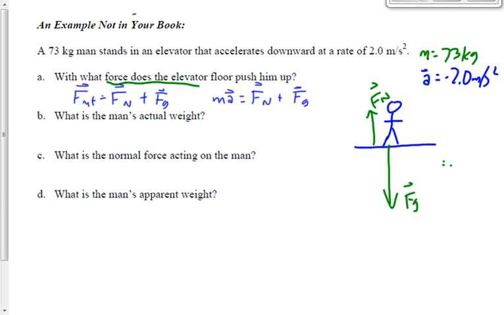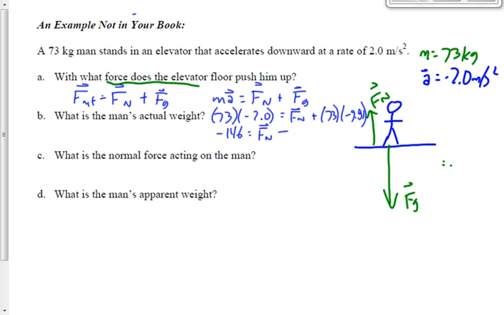Now the mass here is 73 kilograms. The acceleration is negative 2.0. We're solving for the normal force. And gravity is 73 times negative 9.81. Negative because it's acting downwards. 73 times negative 2 is negative 146.